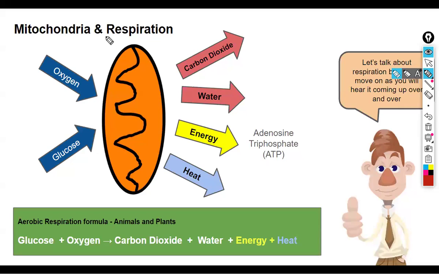Now, the fancy word for making energy is respiration. Respiration just means how it makes energy, right? You're realizing in science, there's a fancy word for everything, all right? So how does the mitochondria make energy?